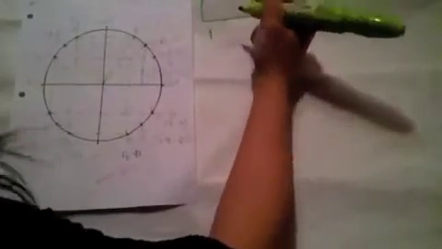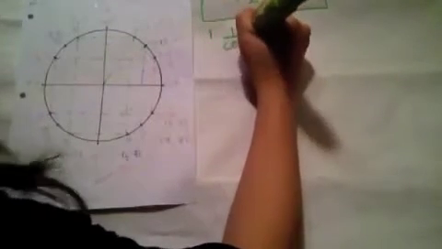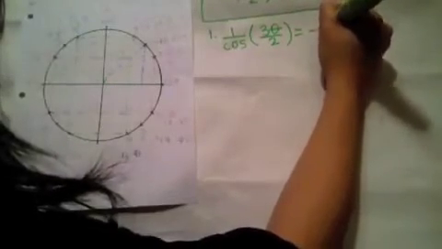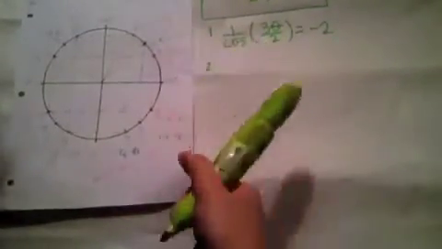Okay, so the first step to do this problem, number 1, we make secant into 1 over cosine to make it easier. So you have that, 3 theta over 2 equals -2. Okay, the next step, we're going to change this cosine so that it's cosine over 1 because it's easier to find on the unit circle.